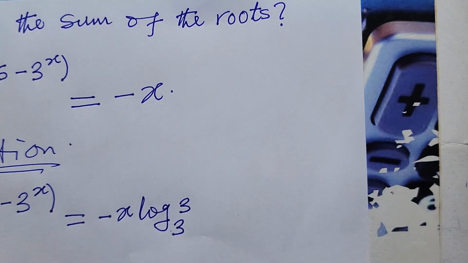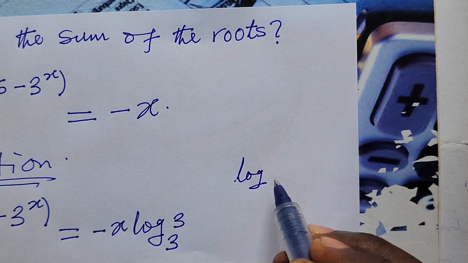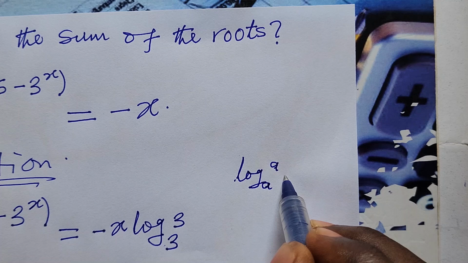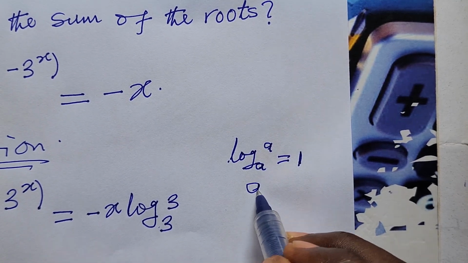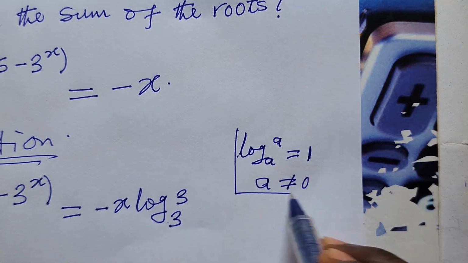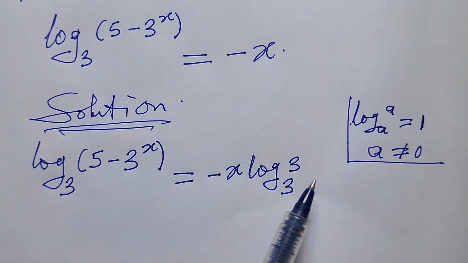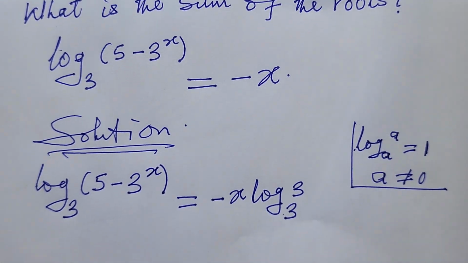We know from the law of logarithm that log a base a is equal to 1, provided a is not equal to 0. So with this law, we're going to have 1 from here. So 1 times this will still give us what we have here back.